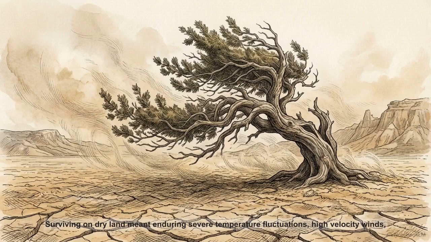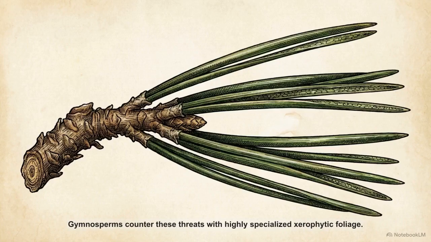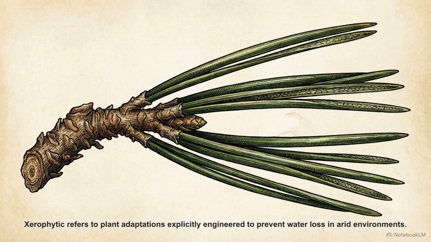Surviving on dry land meant enduring severe temperature fluctuations, high-velocity winds, and critically low atmospheric humidity. Gymnosperms counter these threats with highly specialized xerophytic foliage. Xerophytic refers to plant adaptations explicitly engineered to prevent water loss in arid environments.